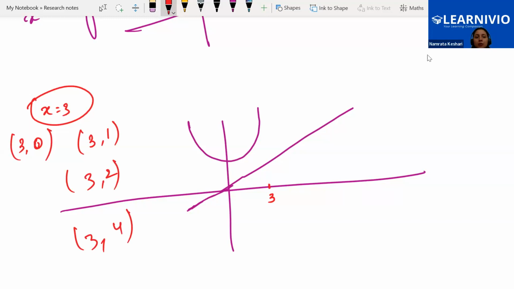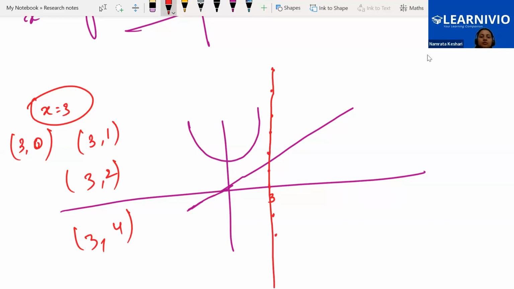Whatever is y, but x is 3. If you start locating the points (3, 1), (3, 2), you will get a vertical line. You can check it: (3, 1), (3, 2), (3, 3), (3, 4), (3, 5), (3, 6), (3, -1), (3, -2). Can you see a vertical line? Yes, ma'am.